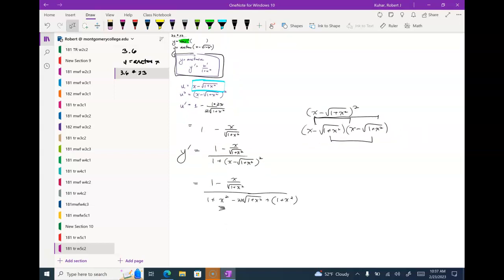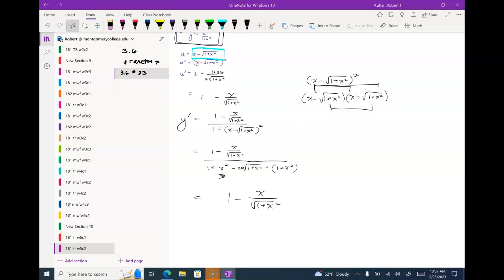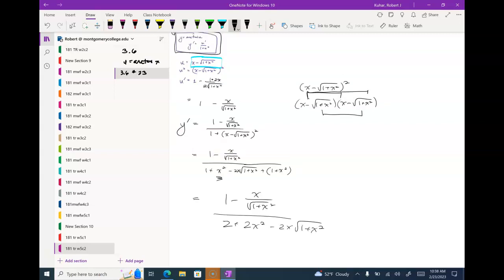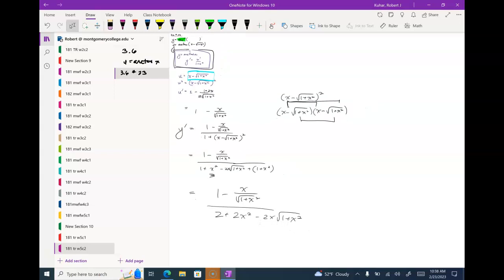Well, it looks like I can combine some things downstairs. Do you see anything that can be combined? It looks like there's a 1 plus 1, and there's an x squared plus x squared. So I have 2 plus 2x squared minus 2x times square root of 1 plus x squared. And now you have fractions within fractions, so let's clear them. What would clear fractions for me?